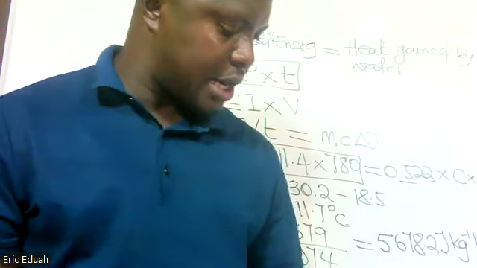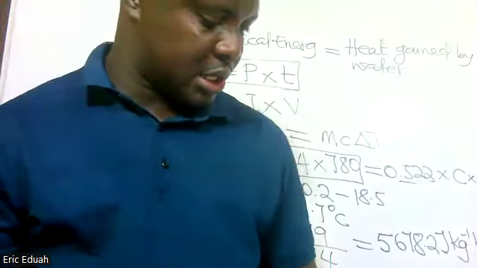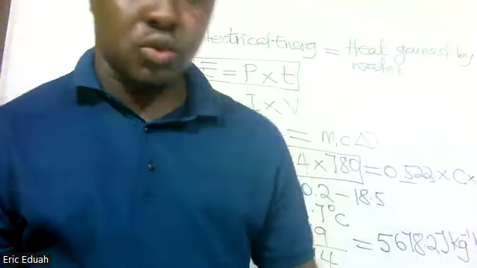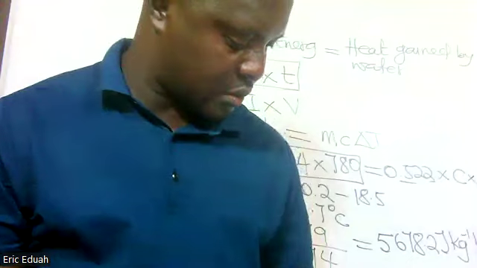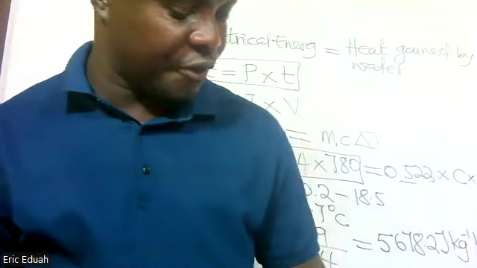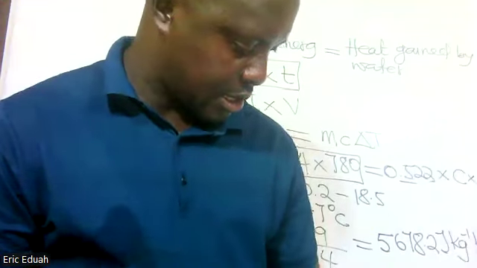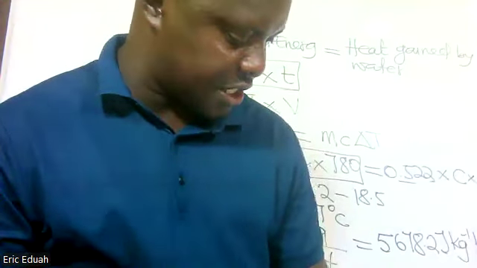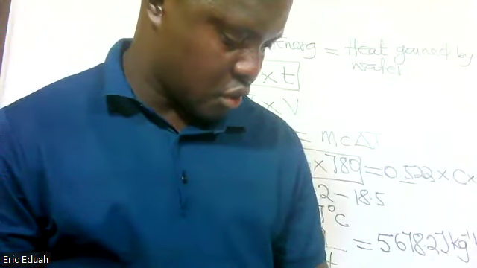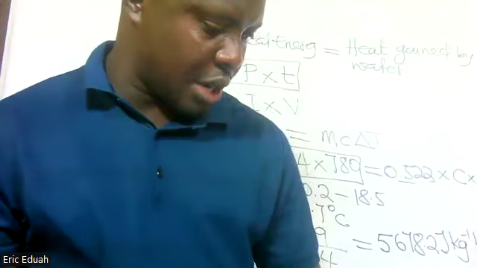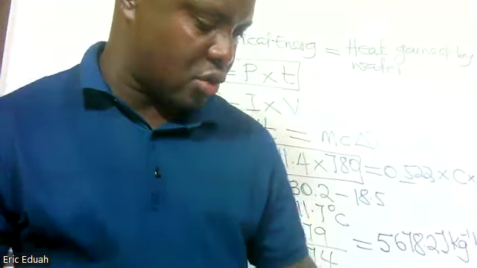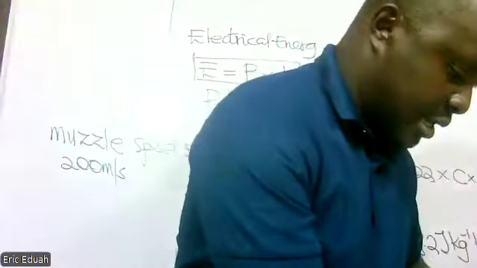It is 240. Please, pardon me. It is 240 joules per kilogram per Kelvin. The specific heat capacity of solid silver is 240 joules per kilogram per Kelvin.